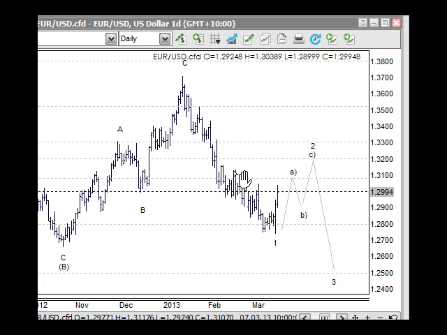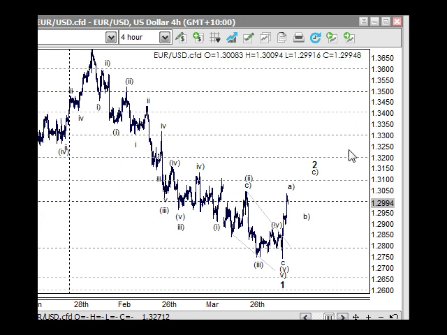We've had this complicated structure through this part of the leg here, in this last 5th wave here. And we have to label it as an ending diagonal triangle. And within an ending diagonal triangle, there are 5 waves, such as the 1, the 2, the 3, the 4, and the 5.